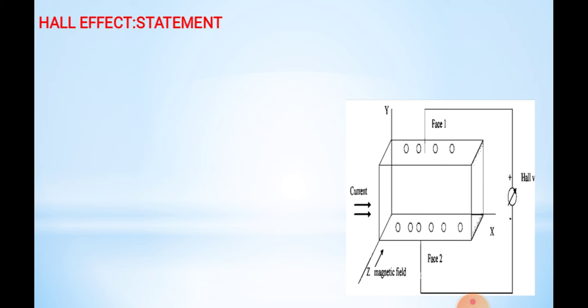So in this explanation, on the y-axis we have the Hall voltage, on the x-axis we have a current, and in the z-axis we are applying a magnetic field. This voltage is perpendicular to both the magnetic field and the current. This effect is called the Hall effect.